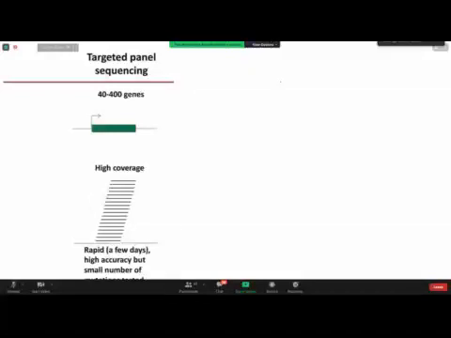Similarly, the panel is something that covers the already reported genes for that particular phenotype. So that is the gene panel. In the last example that I gave, in Joubert syndrome we have multiple genes. So what would be the first strategy? You will only look for genes reported for that syndrome, right? So you will go for the gene panel.